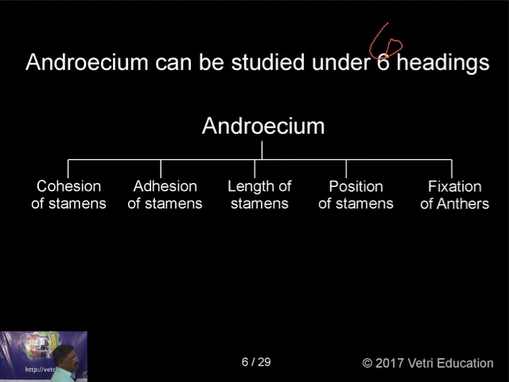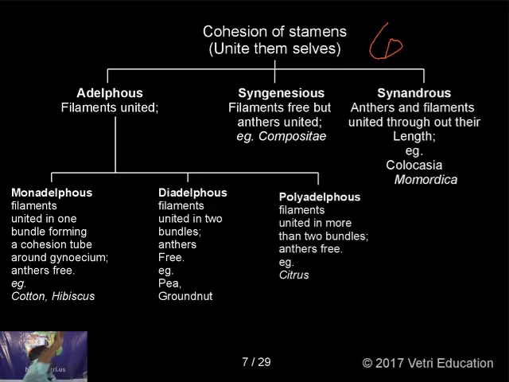And the length, it is classified into different types, and position of the stamen and fixation of the anthers. You have to study the 5 subheadings. The first one we will take is the cohesion of the stamens. The cohesion is nothing but the stamen parts uniting themselves.